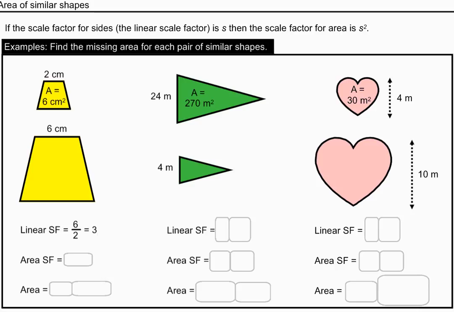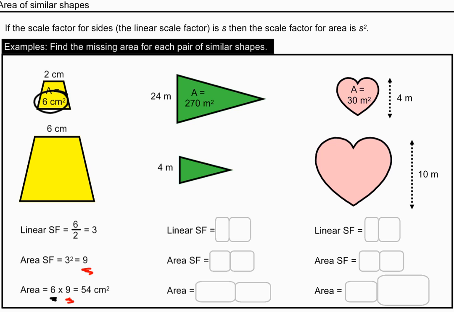So the area scale factor is 3 squared. The area will be 9 times bigger. So I need to take the area of the smaller shape and times it by my area scale factor. 6 times 9 would give me 54.